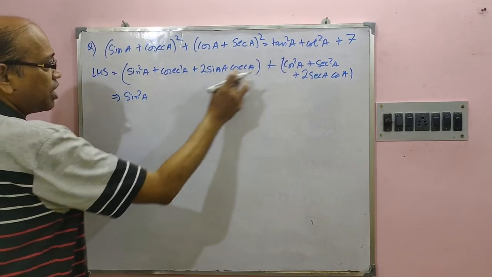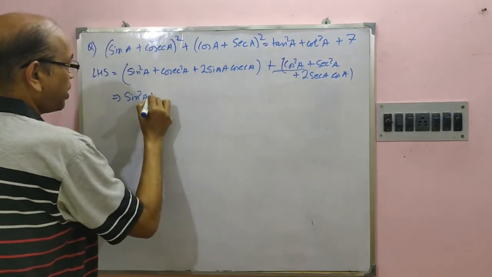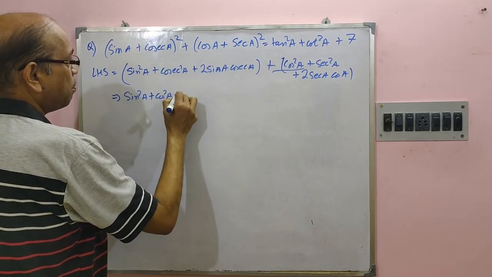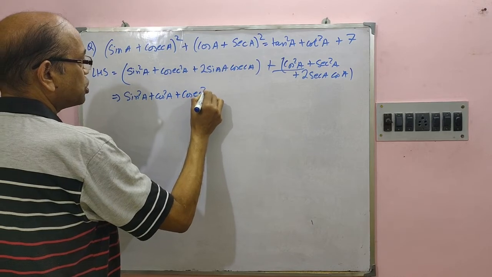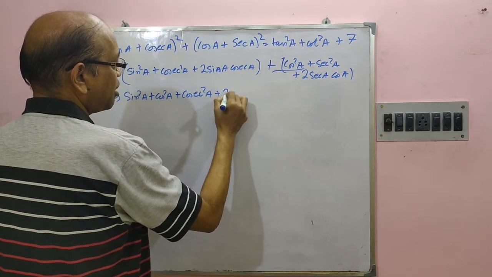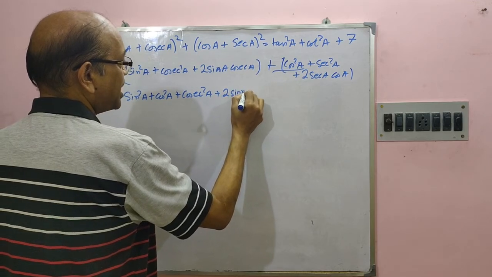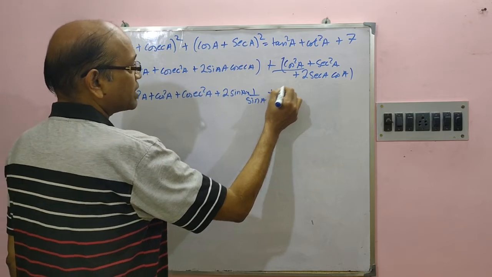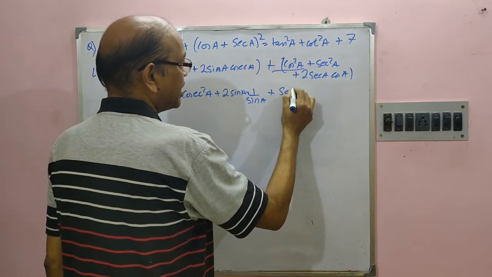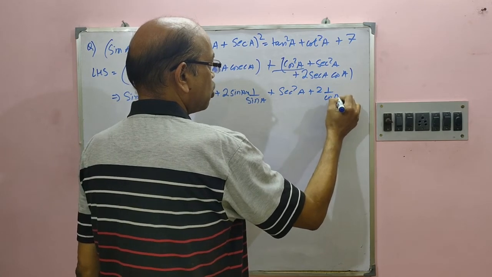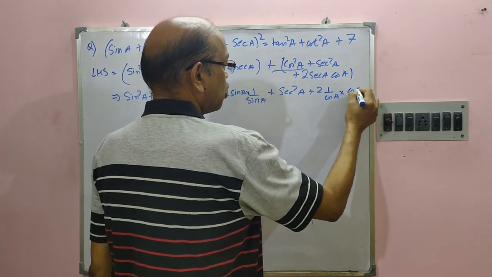This can be written as 2 sine a into 1 by sine a plus 2 into 1 by cos a into cos a.